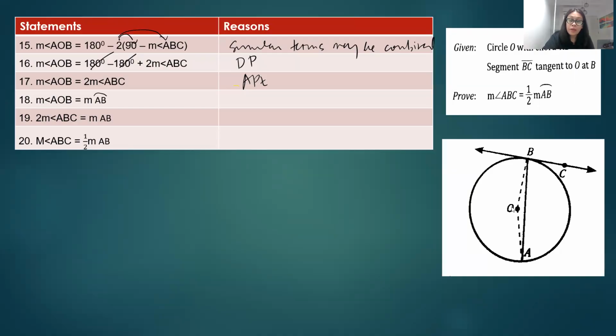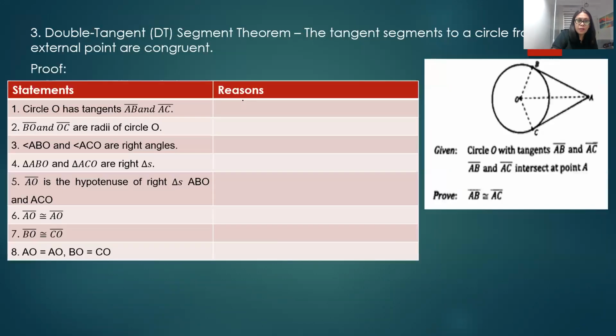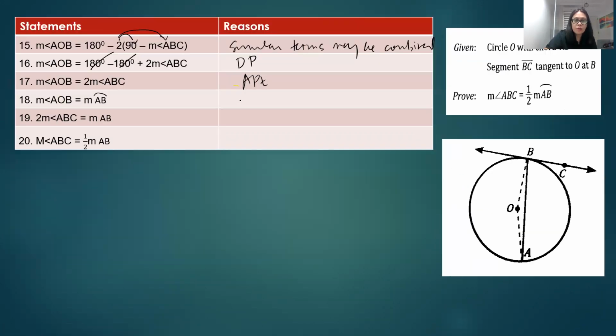Angle AOB here is a central angle with the intercepted arc AB. So this is about the central angle postulate.